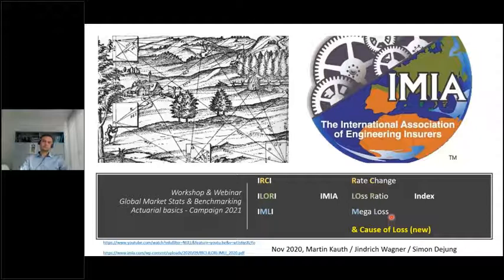This will then make a bridge between the mega losses, which are very special, very complex, very big risks, and the big bulk of our business where we have clear drivers of losses, be it water or be it DSC or whatever, so that we get a feeling what is actually driving our losses.